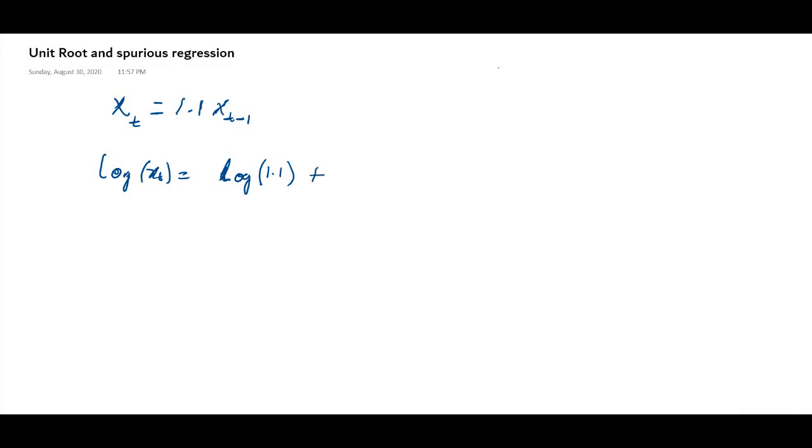So basically, after taking log, we have converted this equation into a linear form.